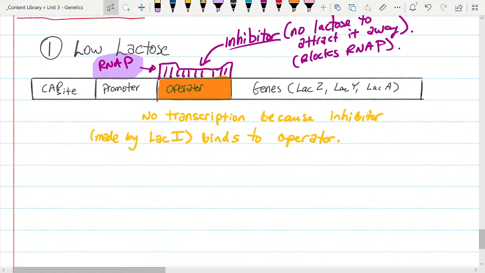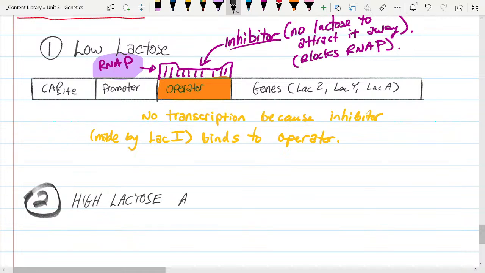Okay. Scenario 2 would be that we have high lactose, but we also have high glucose.